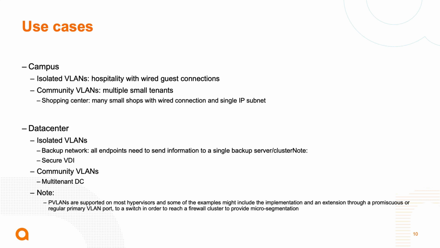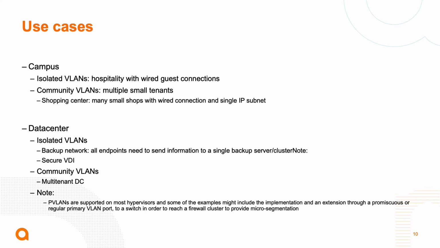So you create a single isolated VLAN, probably per floor or for the whole hotel if it's a small hotel. And then all of that gets into the primary VLAN where they are either routed or they can reach some internal servers, for example, to order something from the front desk, etc.